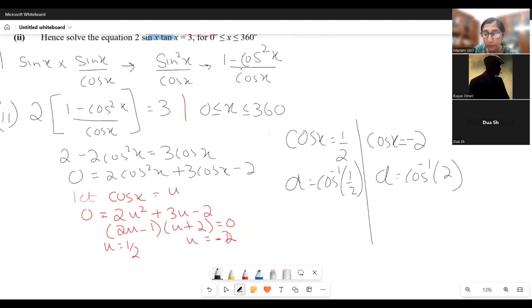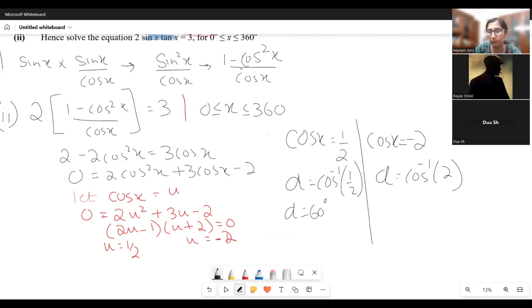So are we in degrees? Yes, we're in degrees because the question says so. The domain is in degrees. Cos inverse of 1/2 is 60. Cos inverse of minus 2 is not possible.